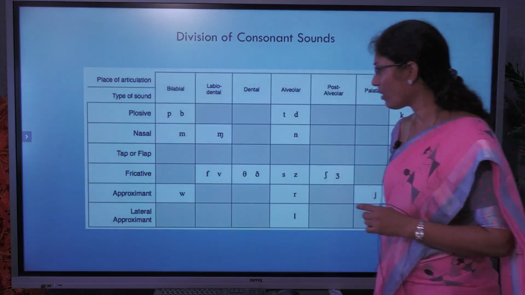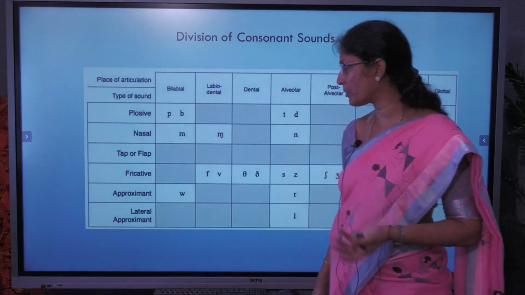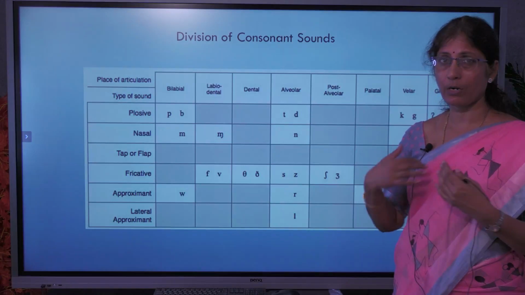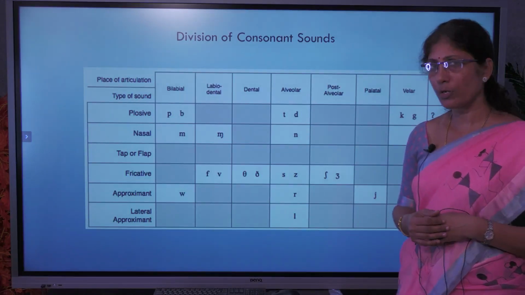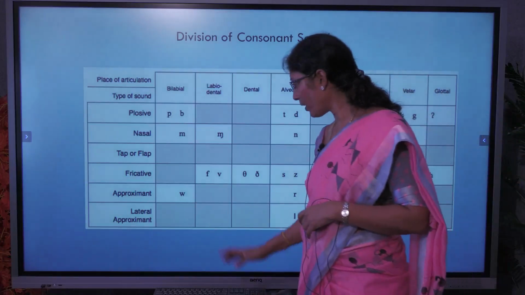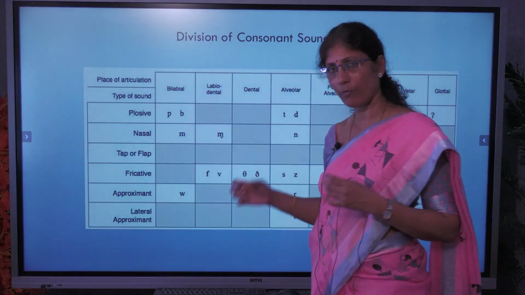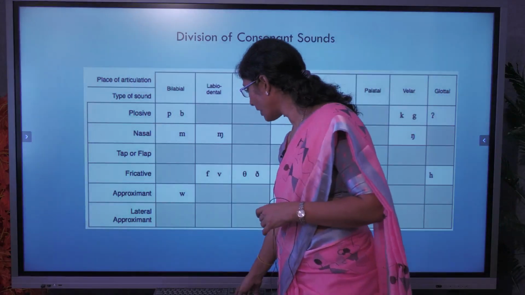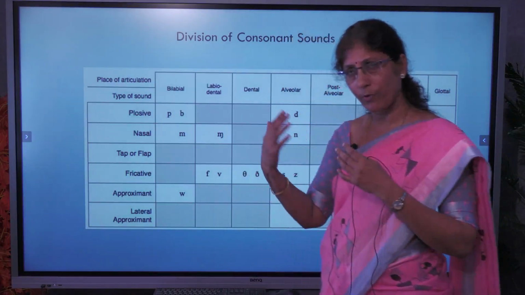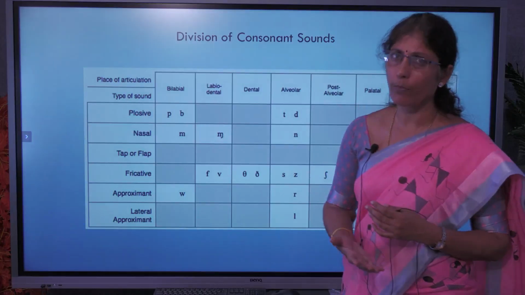Not only native speakers, you can also listen to speakers who are good at delivering the language. We can't learn individually. We have to listen, learn and produce. Actually, if you listen, automatically you will produce.